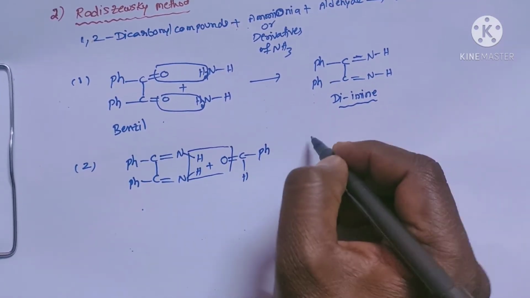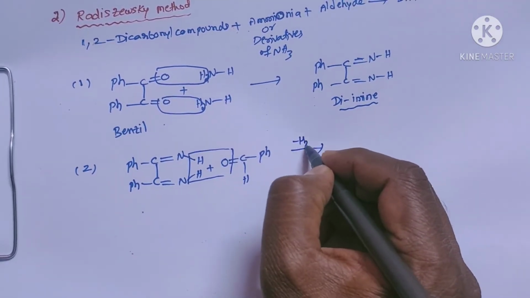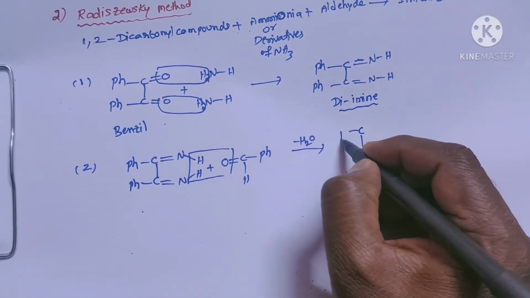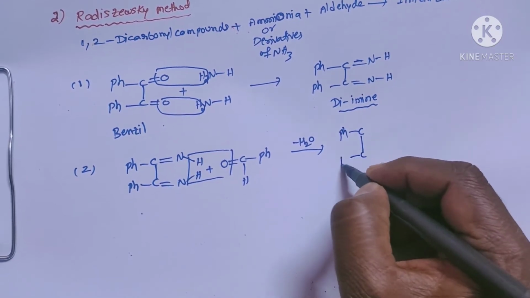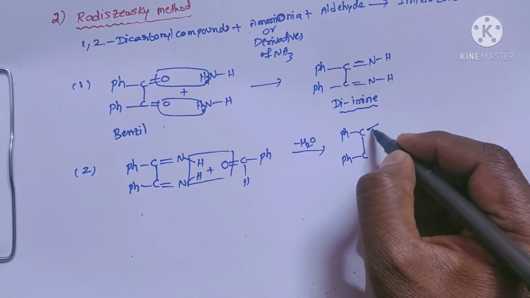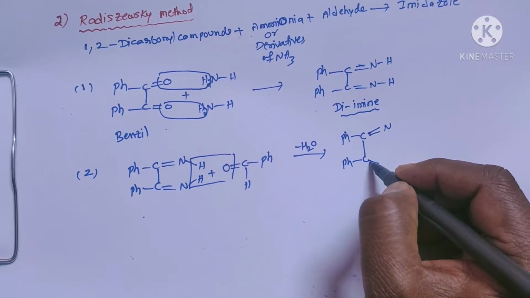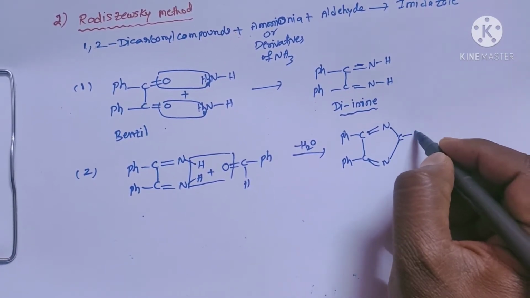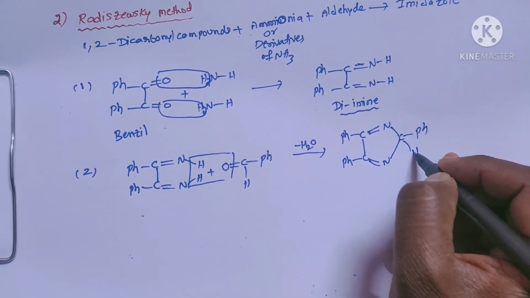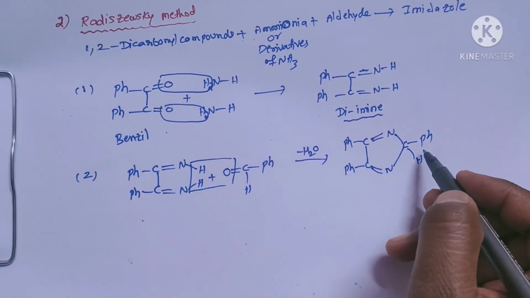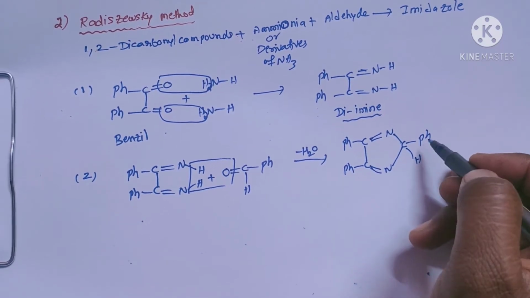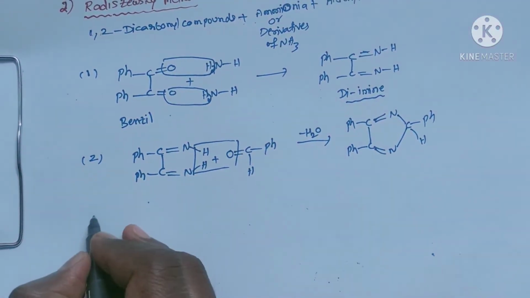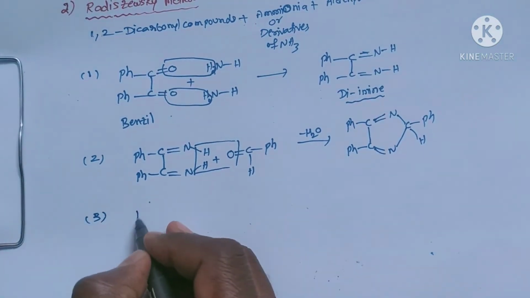So here also water goes outside. So look here. Now this hydrogen undergoes tautomerism. As a result, we get the imidazole. So we write that as the third step.